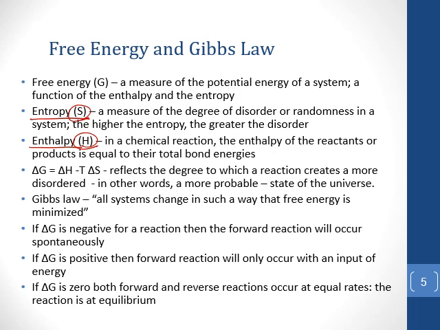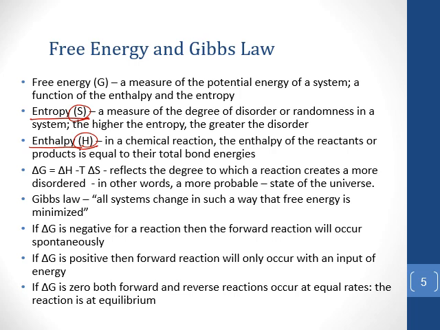Gibbs' law says all systems change in such a way that free energy is minimized. Now that's perfectly consistent with the second law of thermodynamics, because if free energy is minimized, it's minimized because the order in the system has decreased, or the bond energies in the system have decreased.